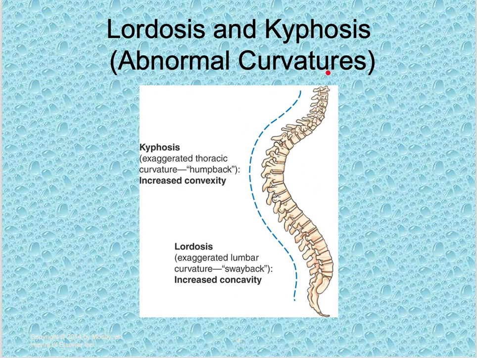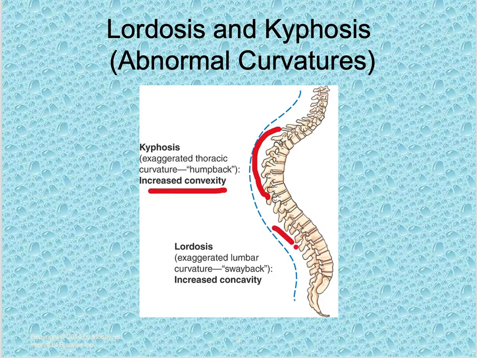This is when we use lordosis and kyphosis. So kyphosis is an exaggerated thoracic. So our thoracic here, it's exaggerated. It gives us a humpback look, and it's an increased convexity.